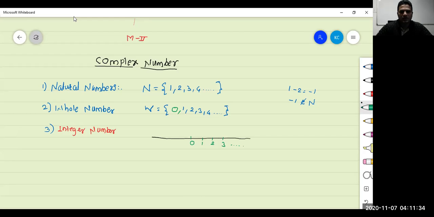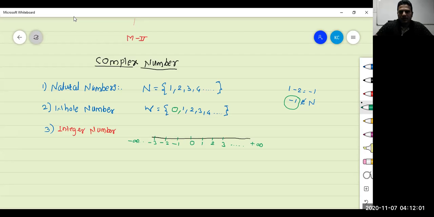Then minus 1: the difference of two natural numbers, 1 minus 2, is minus 1. That is minus 1, minus 2, minus 3, going up to minus infinity. And this side is up to plus infinity. You're getting the point.